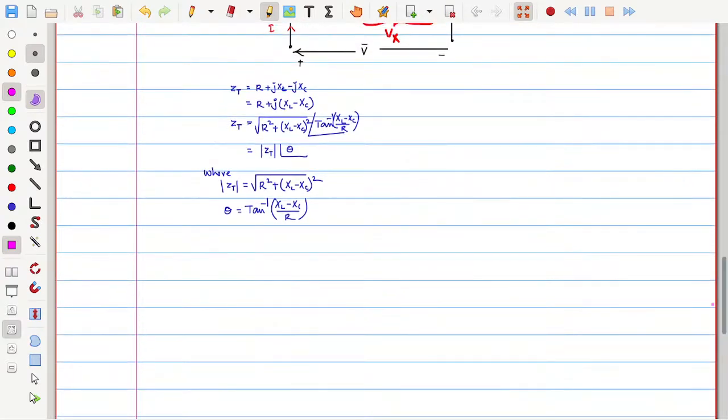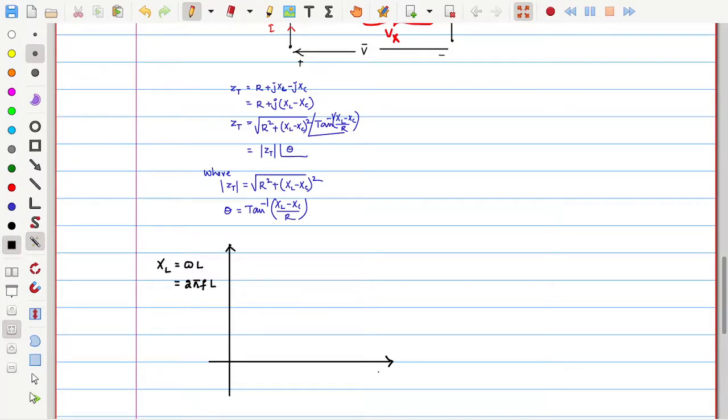What is my focus is the nature of the reactance with respect to frequency. This can be written as 2 pi f into L. So this is the reactance.